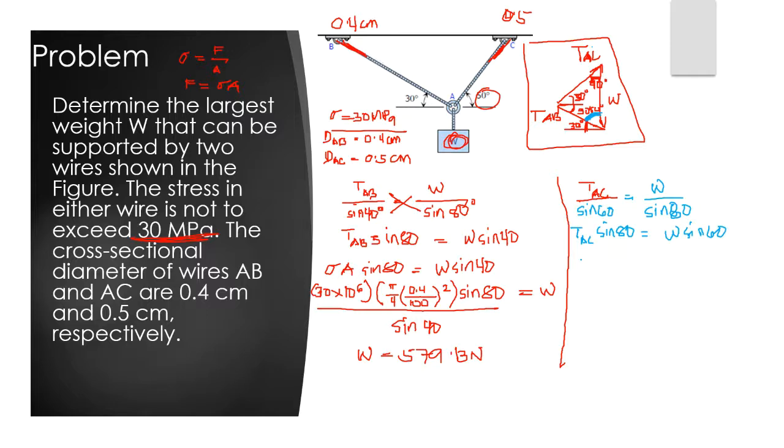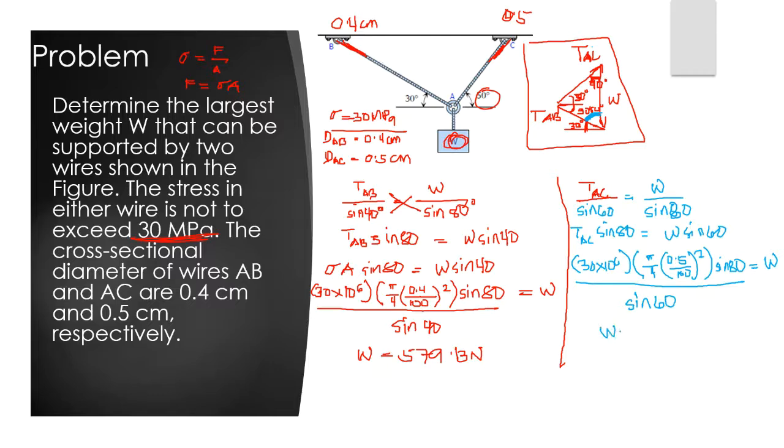And our stress is 30 times 10 raised to 6. And our area is pi over 4 of 0.5 divided by 100, squared. Sine 80 is equivalent to W, divided by sine 60.